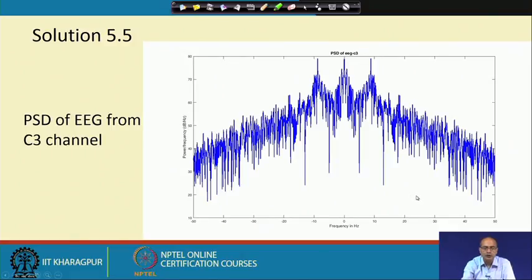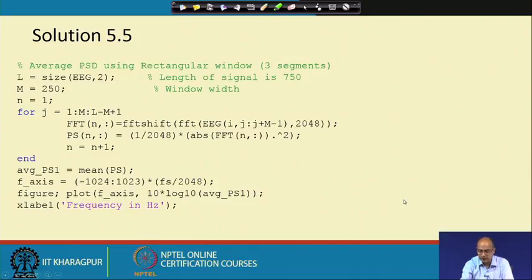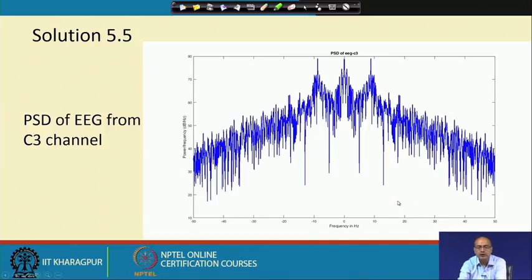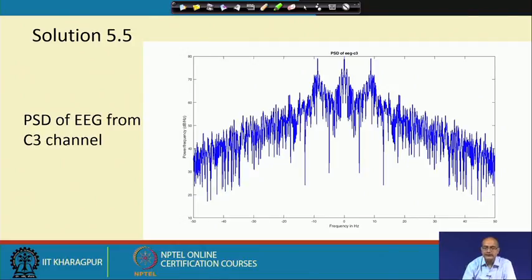Then go for the channel C3, where around 10 the peaks are even more pronounced. Then C4, we get the same nature, though the signal strength around 10 is less than that of C3.